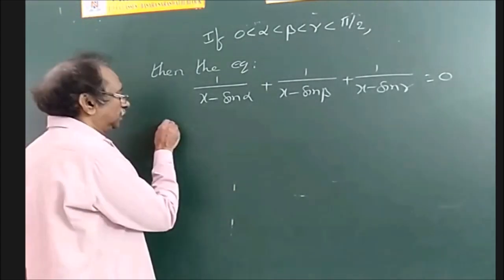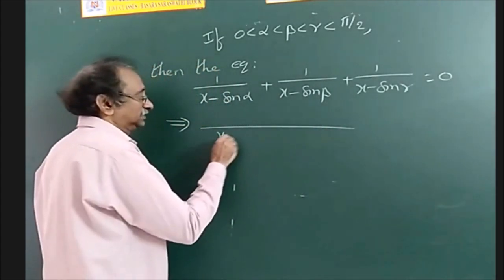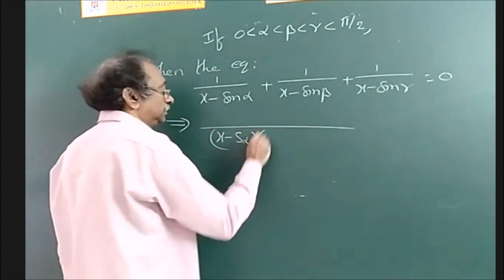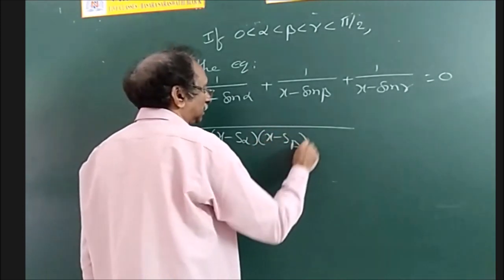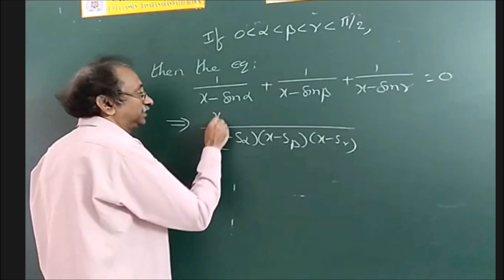See, first of all, we take LCM. So if you take LCM, x minus sin alpha into x minus sin beta into x minus sin gamma, what will be the numerator?